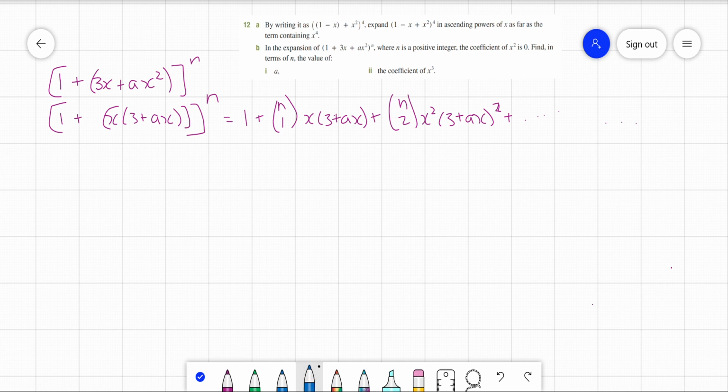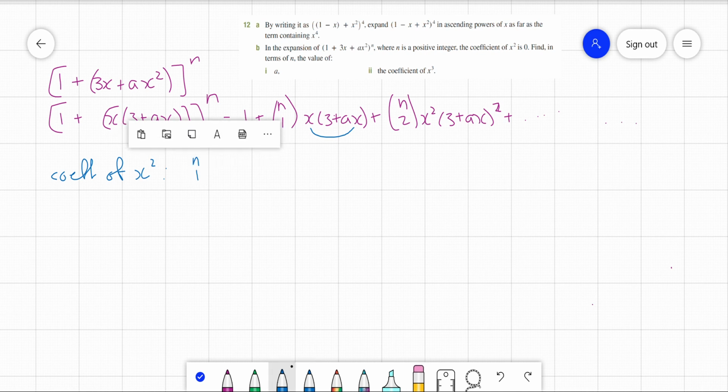If we're looking for the x squared term, one of them is going to be gotten from doing x times that x. So for the coefficient of x squared, it would be n choose 1, which we know is n, so I might just write n there instead.